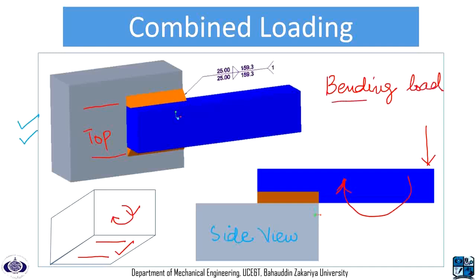So if we encounter any combined loading on a fillet weld, then we will firstly have to differentiate between torsional load and bending load. If the plane of the moment and the plane of the weld profile are the same, then that type of loading is called torsional load, and if they are not the same, then it will be a bending load.